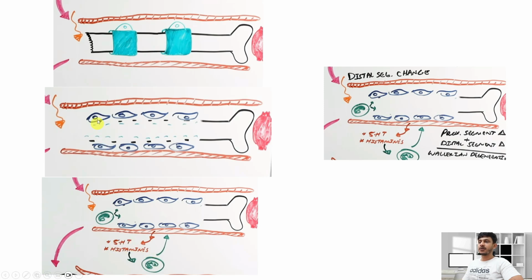Macrophages come and eat up all these remaining axonal and myelin sheath debris, and this is what gives space for the proximal stump to give axonal sprouts, which migrate down this and attach to the distal nerve. So as you can see, a combination of proximal segment change and the distal segment change is what we call Wallerian degeneration.